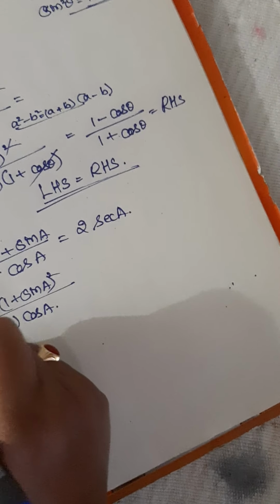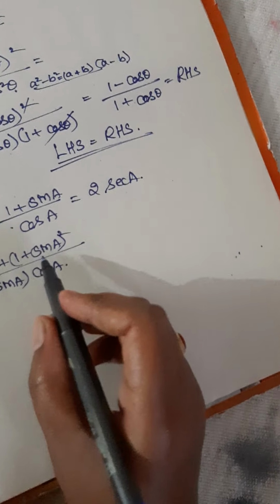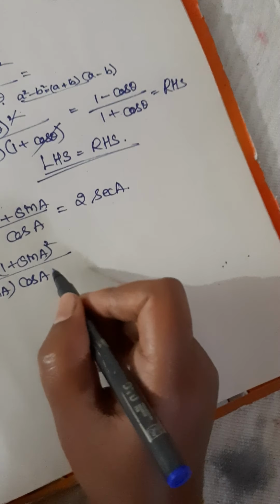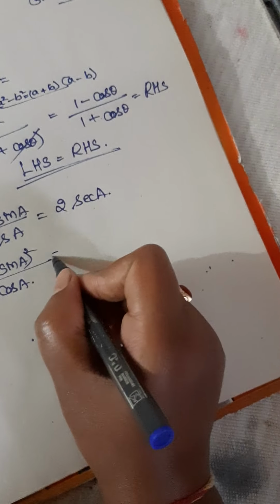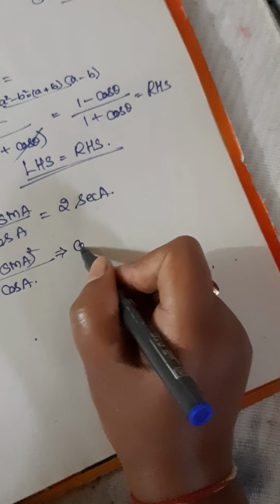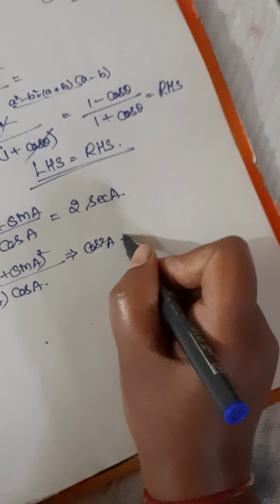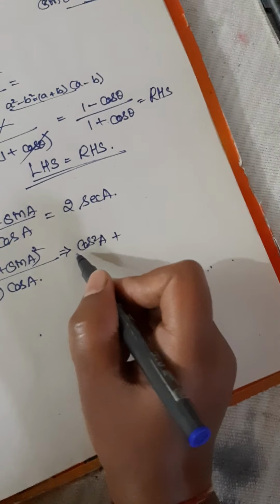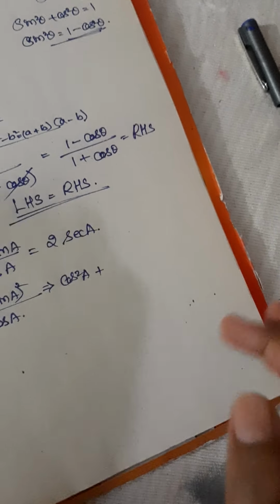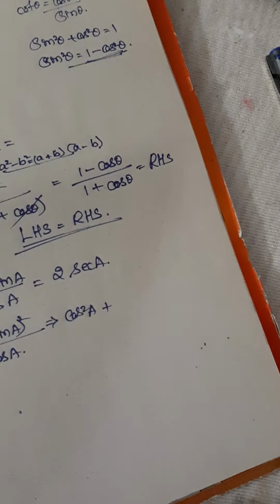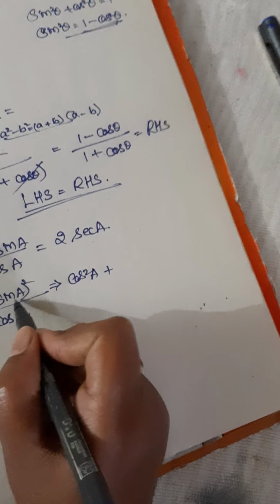LHS is equal to this thing we got. So after this, again how can we solve? So cos square A plus this thing only. In which form is this? This is in the form of (a plus b) whole square.